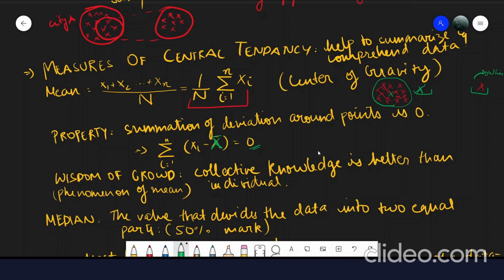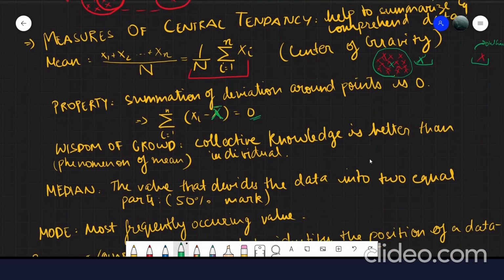And everyone gave their guesses, and it so turned out that the mean of all of the people's guesses was better than the answer given by the person who won the prize, right? So that is what you call the wisdom of crowd, and this phenomenon is generally observed everywhere in 99.9% of the places where you use the mean.